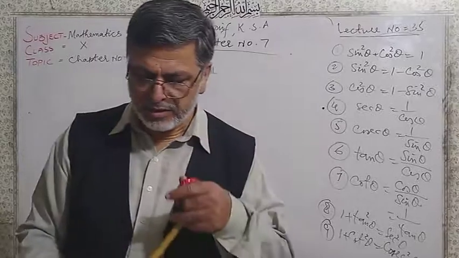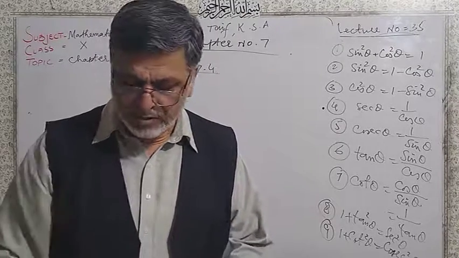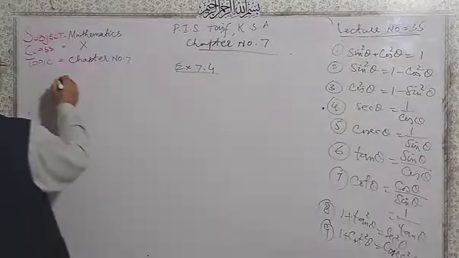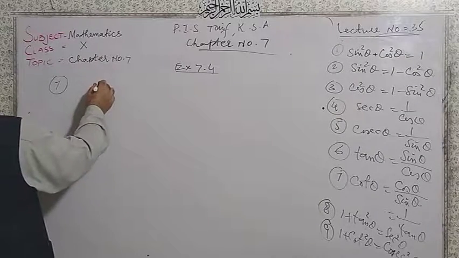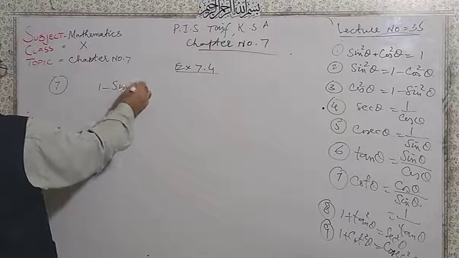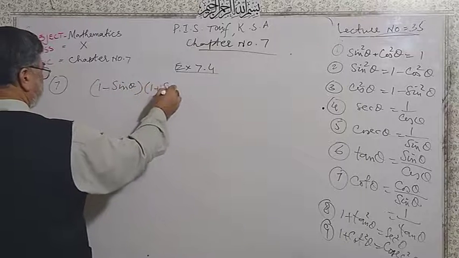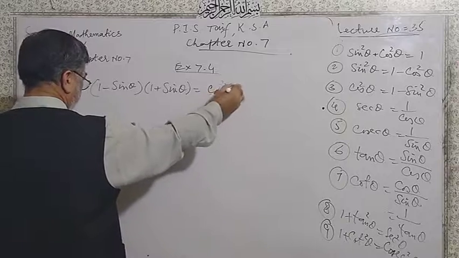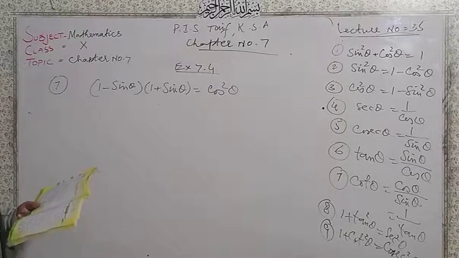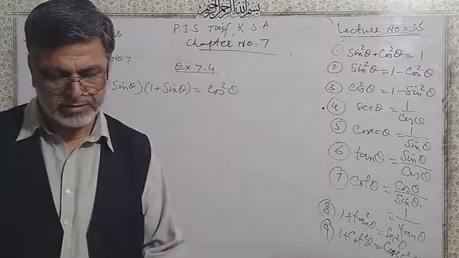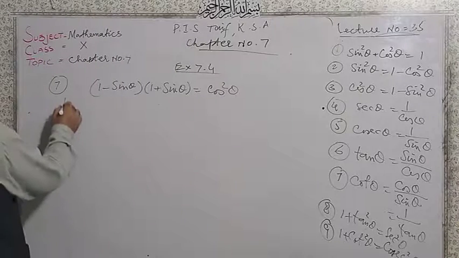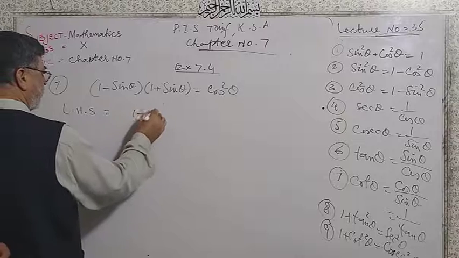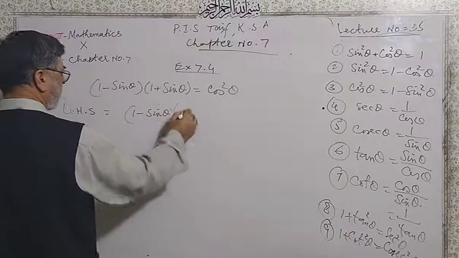We are given question number 7. Question number 7 is (1 minus sine theta) into (1 plus sine theta) is equal to cos square theta. Remember that we will take left hand side and will prove that it is equal to right hand side.